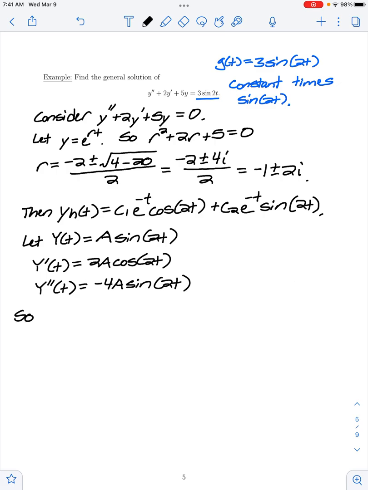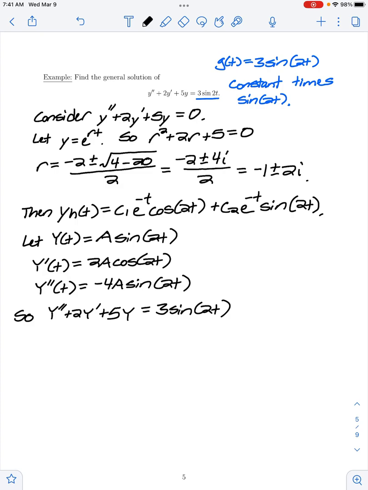So when we substitute into our non-homogeneous equation, we're looking for y double prime plus 2y prime plus 5y. And we need this to equal 3 sine of 2t.